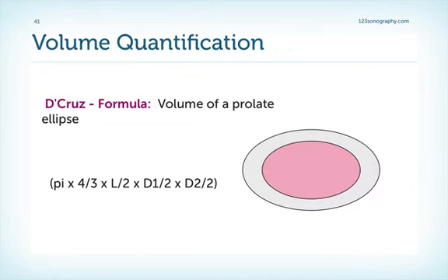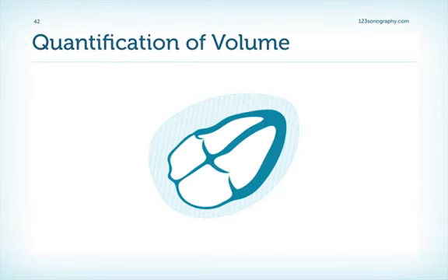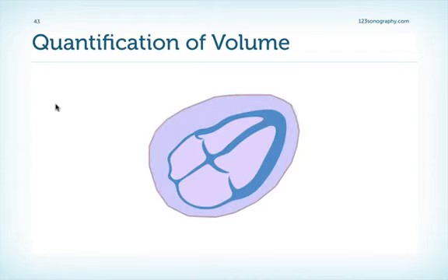Almost 20 years ago, Eisenberg also proposed a way of calculating the actual volume of pericardial fluid. This formula is based on the principle of calculating the volume of a prolate ellipsoid. Here you can see the formula. The way one goes about it is that you image the patient best from a subcostal 4-chamber view. Then you trace the parietal pericardium and using the formula calculate the entire volume.